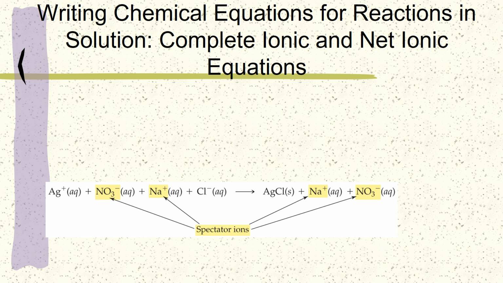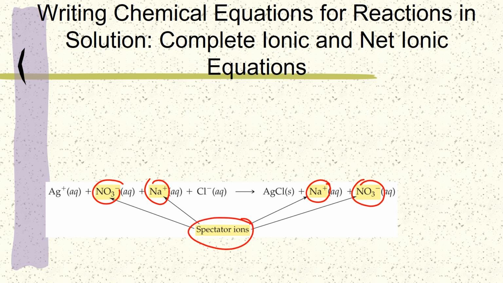Notice that nitrate and sodium, or in your case potassium, are the same exact ion on both sides. So if I have something that's exactly the same on both sides of a math problem, what can you usually do to them? Cancel them out. So these are only spectators in the reaction.